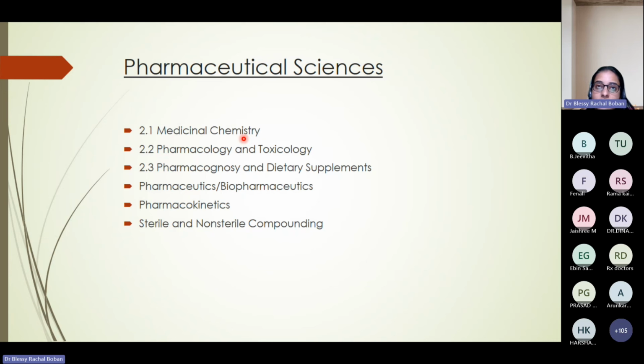For the past many months they were not asking repeated questions, but soon after September they are again asking repeated structure questions, like mefenamic acid. They will give you one structure and you have to identify it.